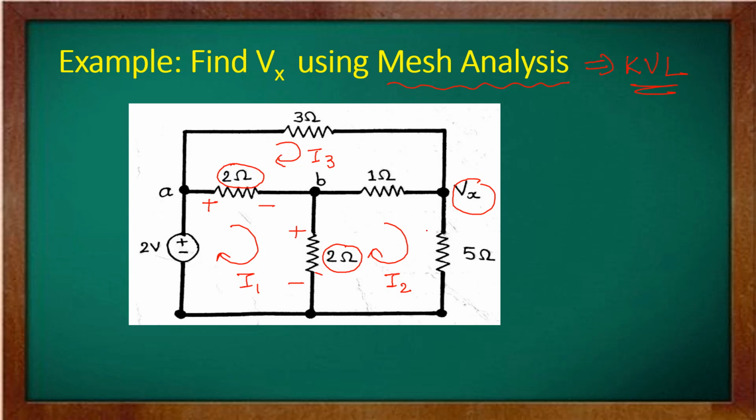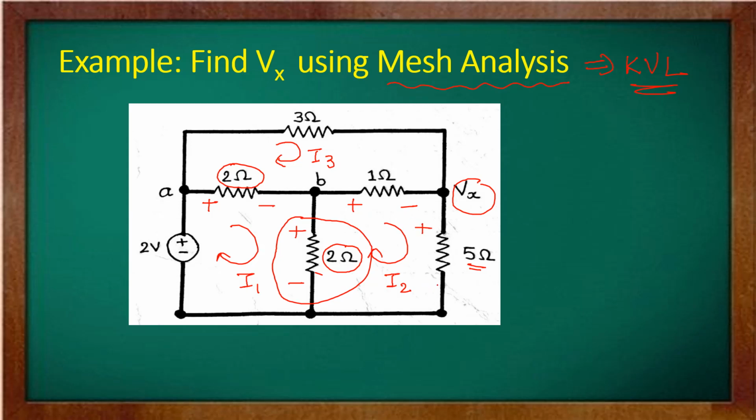Now consider I2. In I2, there are three different elements: 1 ohm, 5 ohm and 2 ohm. But the polarity is already marked on this 2 ohm resistor, so no need to apply it again. Simply we will write the polarity for the 1 ohm and this 5 ohm. See the clockwise direction, so this end comes first: plus, and this minus.